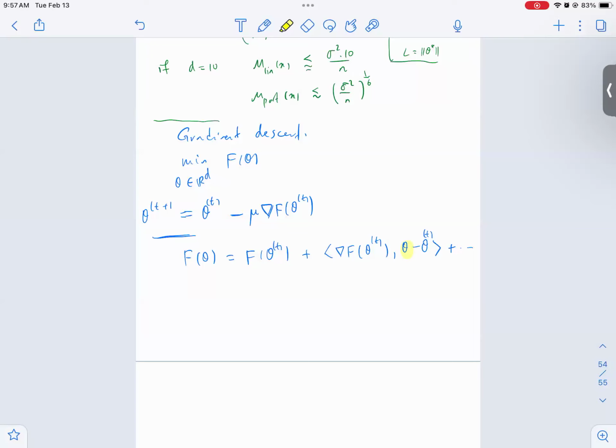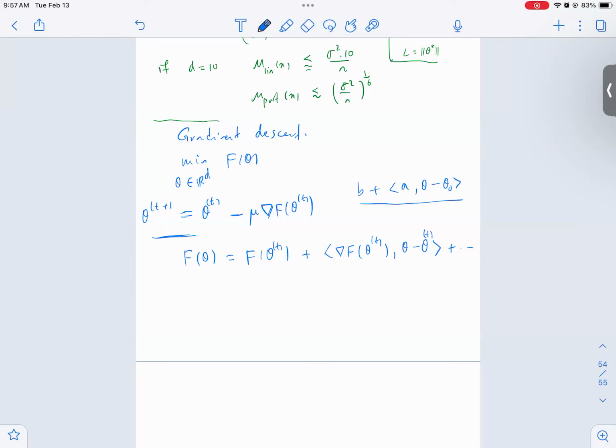The only variable is theta. So this is of the form b plus a times theta minus theta naught. This function as a function of theta is affine. And if I try to minimize an affine function, it's easy to see that I have to move in the direction of negative a.